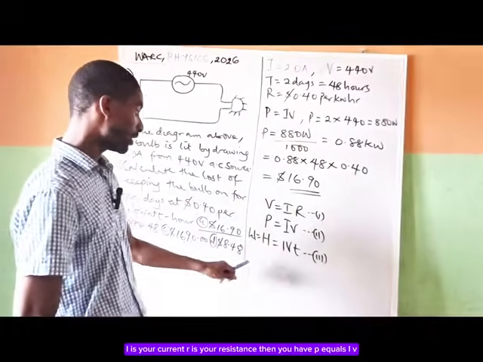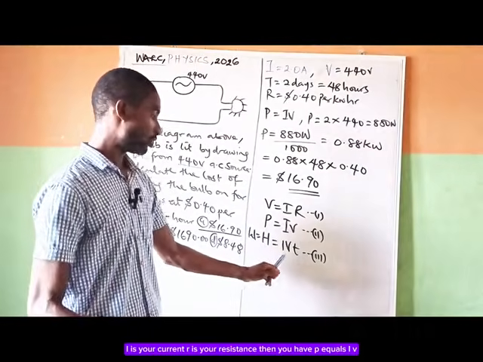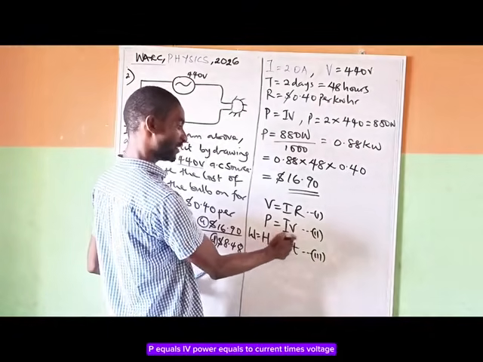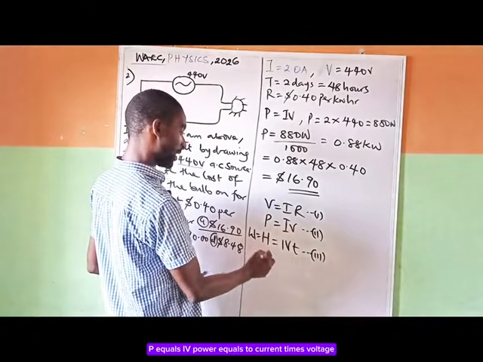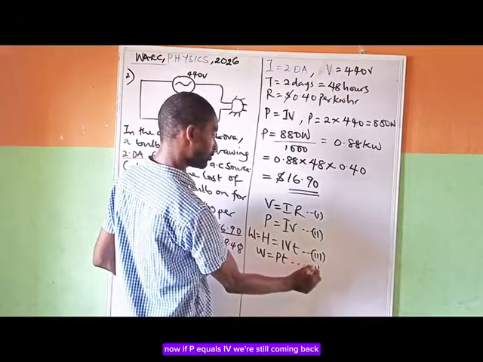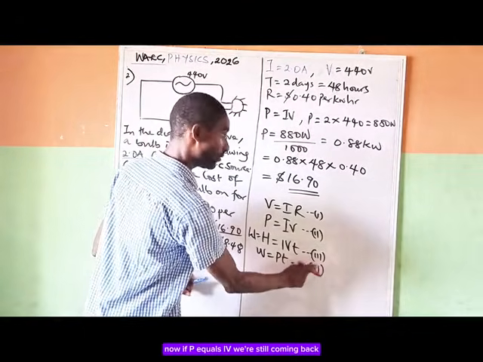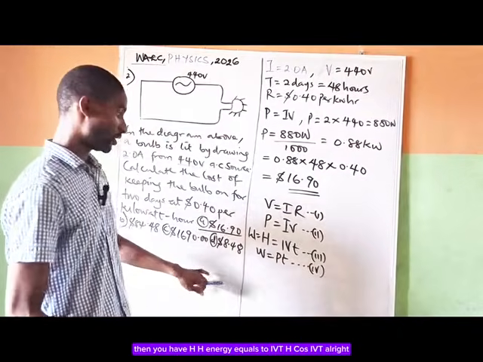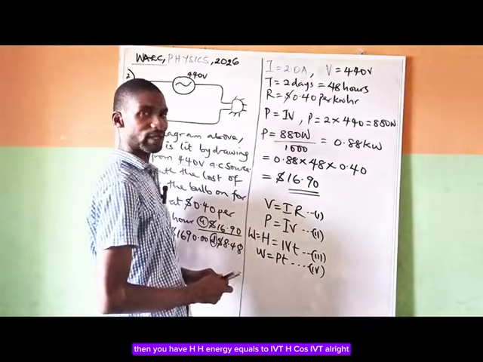So work done equals energy equals H equals IVT. So I can replace this IV with P. So my work done will be equal to PT. So if they ask you to calculate energy consumed by a body or the work done, W equals PT. I hope that is clear.